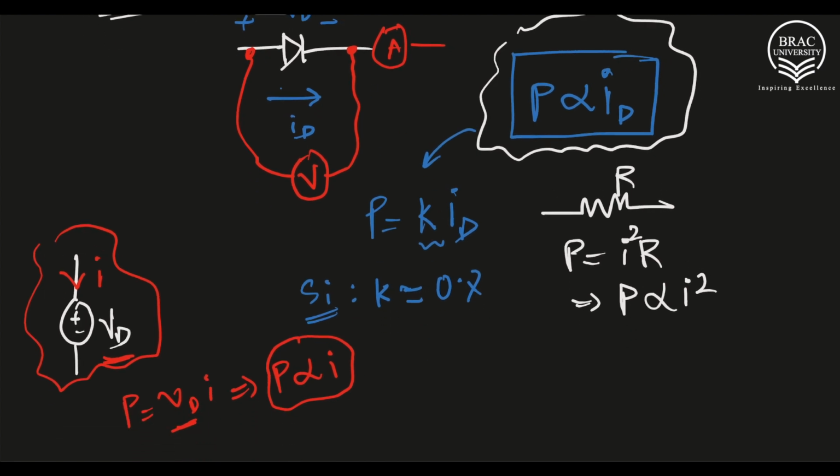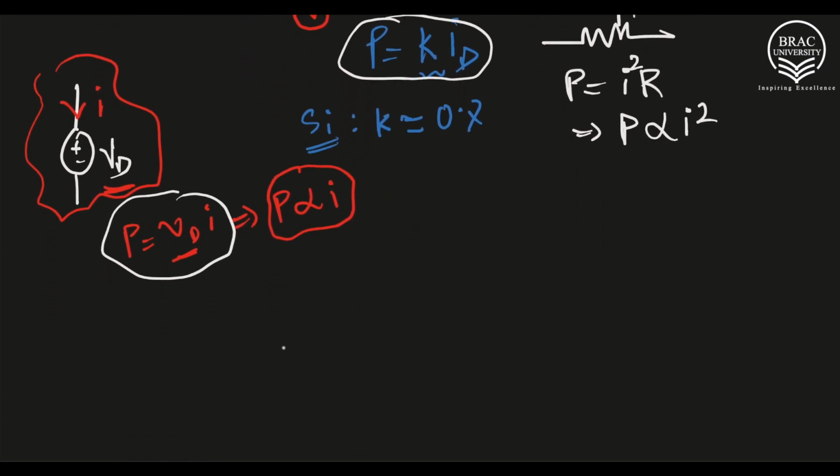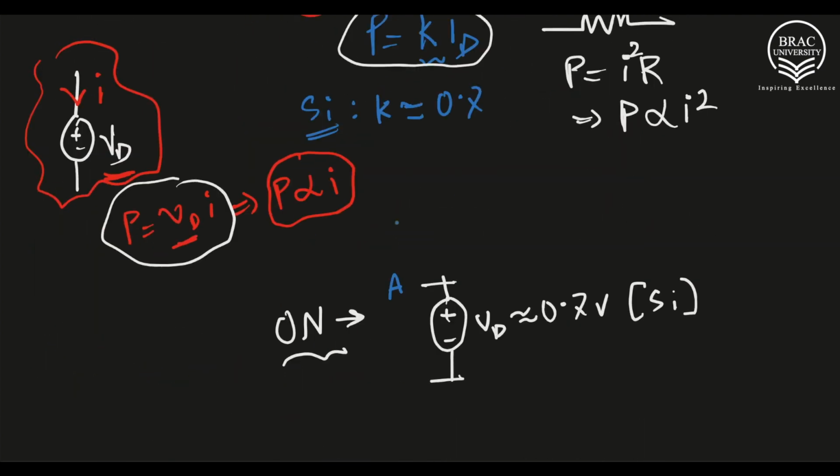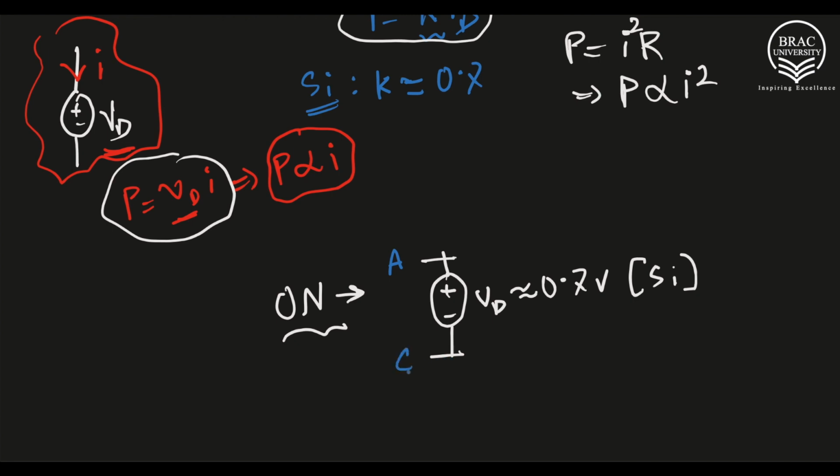So if we match this equation with that of a voltage source, we can say that when the diode is in on mode, we can replace it using a voltage source with a value Vd, which is approximately 0.7 volt, only for silicon diodes. Note that the positive side of the voltage source will be connected to the anode of the diode, and the negative side will be connected to the cathode.